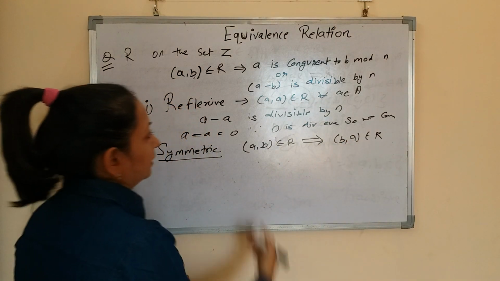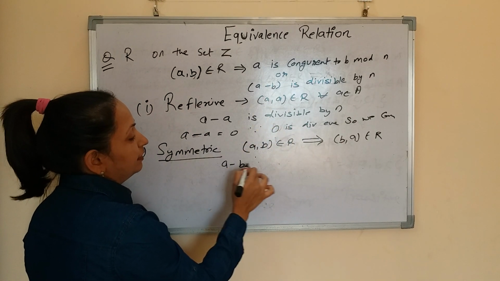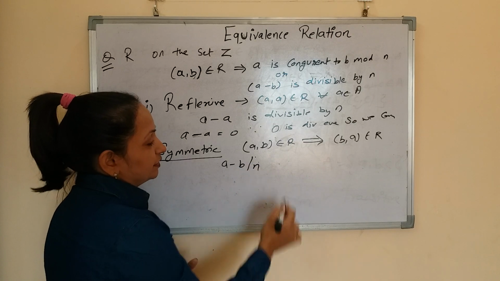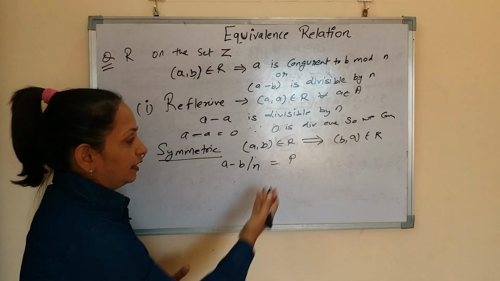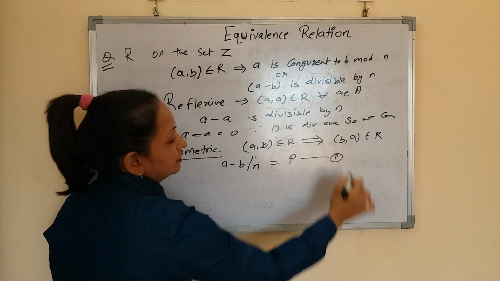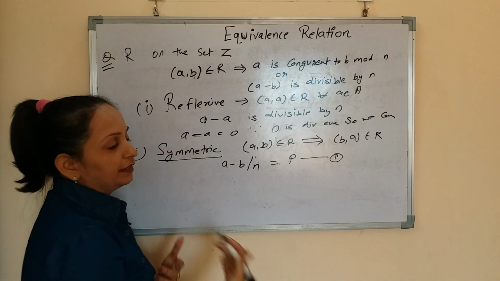So let's check. If (A, B) belongs to R, that means A minus B is divisible by n. If A minus B is divisible by n, I will get an integer, any integer, I am naming it P. And by this statement we are going to check if B minus A is divisible by n or not.